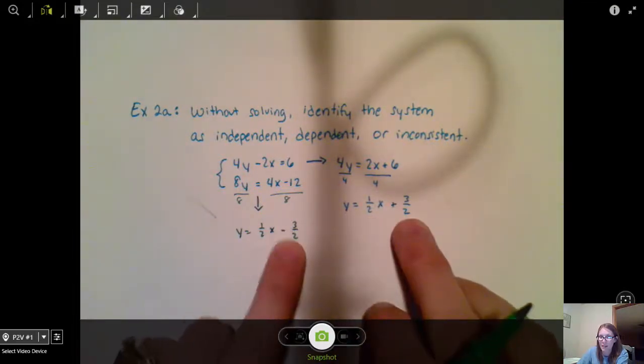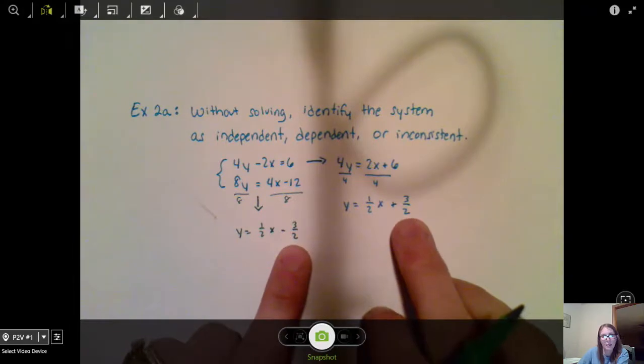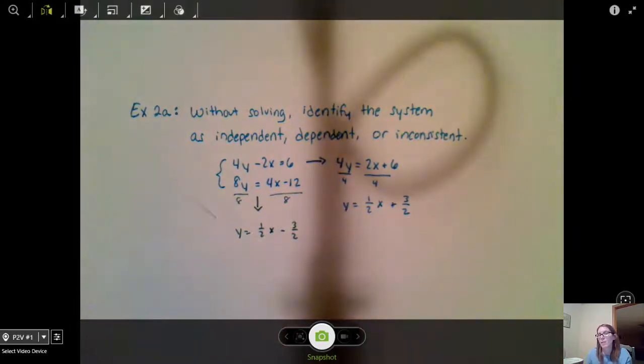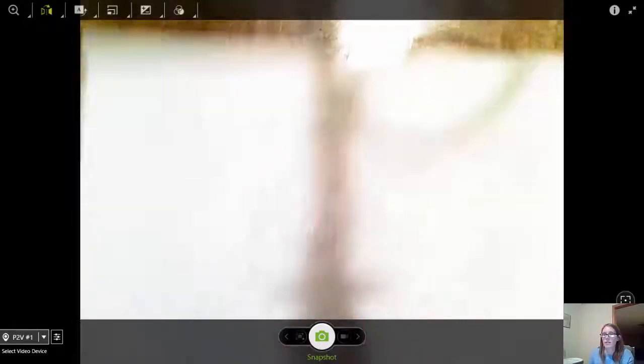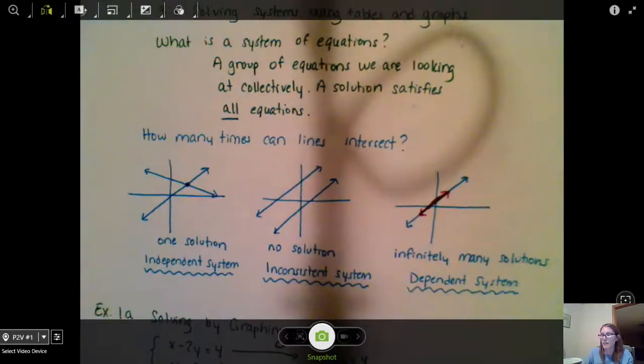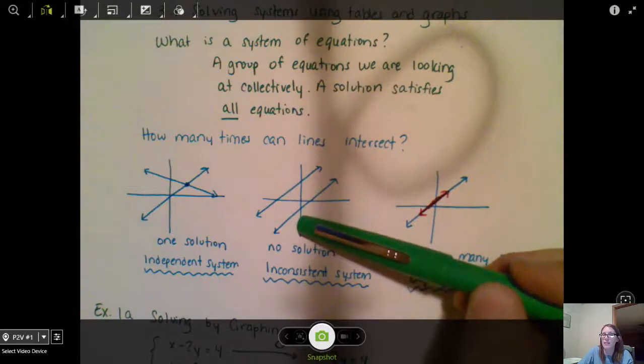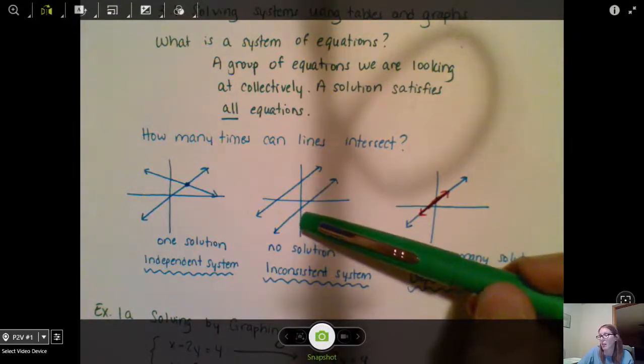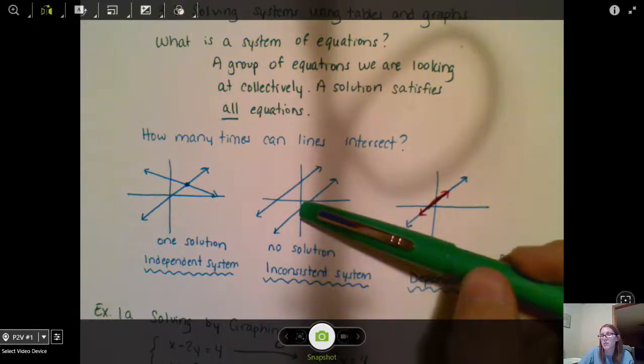Our y-intercept is negative 3/2 in one, and positive 3/2 in the other. So same slope, different y-intercept. Well, that looks a lot like this. Same slope, different y-intercept means we have parallel lines. There's no solution, which means our system is inconsistent.